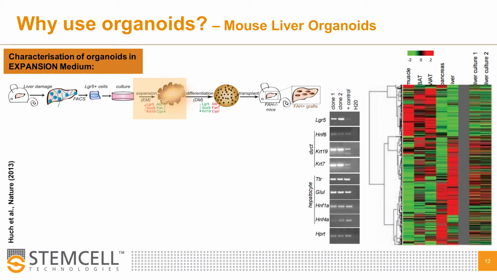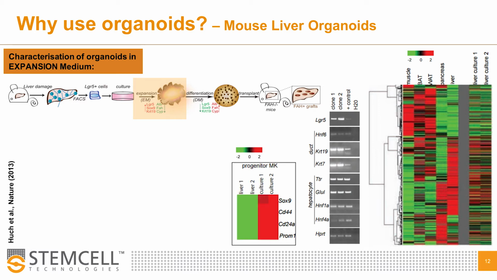Furthermore, when looking at specific duct and hepatocyte genes, organoid cultures displayed gene expression that was in agreement with both cell types, suggesting a bipotent nature of these hepatic progenitor organoids. This was further solidified by comparing marker expression of hepatic progenitor organoids, marked here as culture 1 and 2, against adult liver tissue. Stem and progenitor markers were expressed in organoids, but not in homeostatic liver tissue, confirming the proliferative nature of hepatic progenitor organoids versus the quiescent nature of liver tissue.